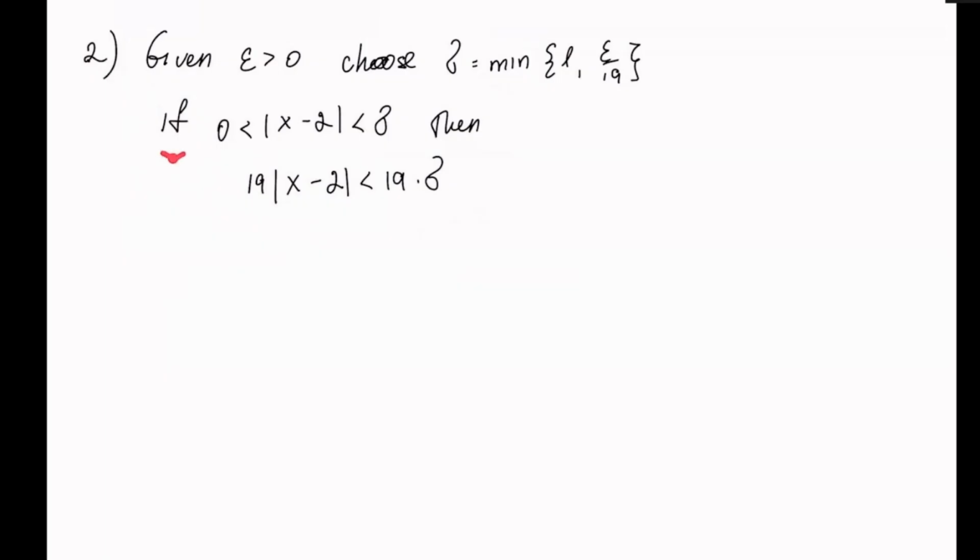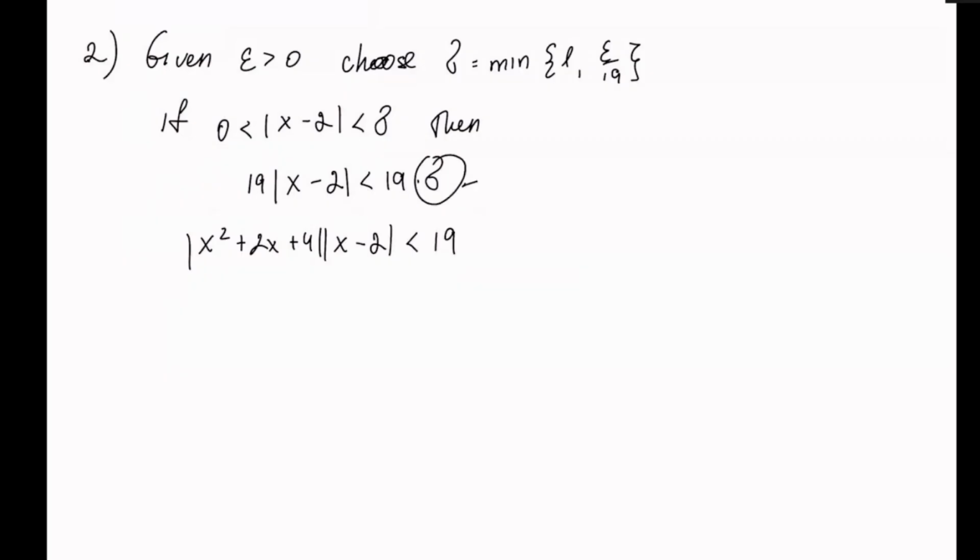Then we continue on. If the absolute value of x minus 2 is greater than 0 but smaller than delta, then 19 times the absolute value of x minus 2 is less than 19 times delta. And 19 is the upper bound for x squared plus 2x plus 4, so the absolute value of x minus 2 times that is less than 19 times delta.